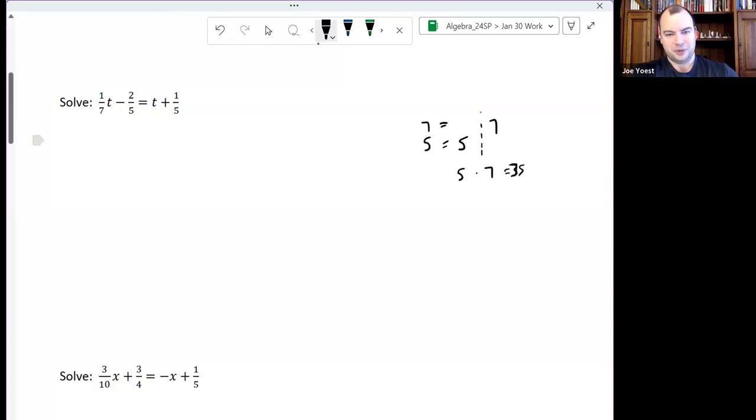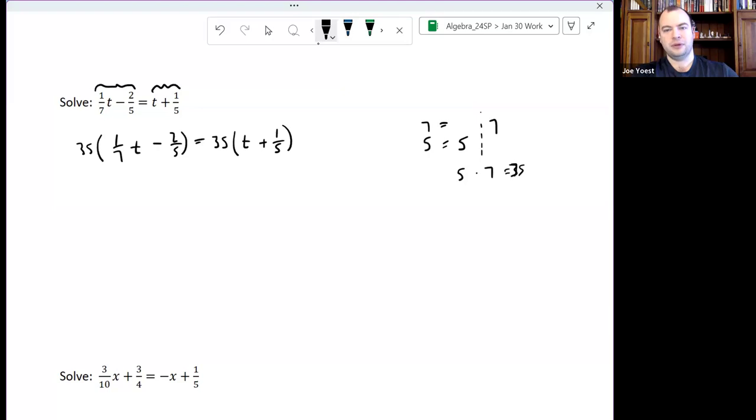I'll multiply both sides by 35. Again, being super careful to multiply by the entire left side and the entire right side. When I distribute and then simplify, what is my next step going to be? What's my next step that I would write down that doesn't have any fractions?